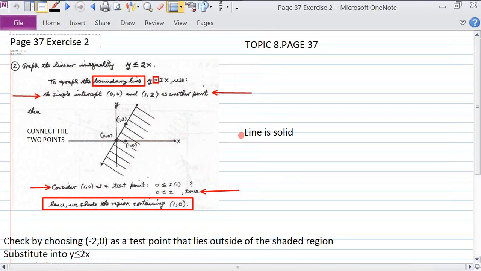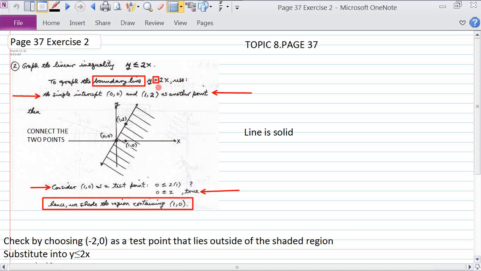Now let's go to the second example on page 37, which asks us to graph the linear inequality y is less than or equal to 2x. First thing we always do is find the boundary line for the equation with just the equal sign in it.